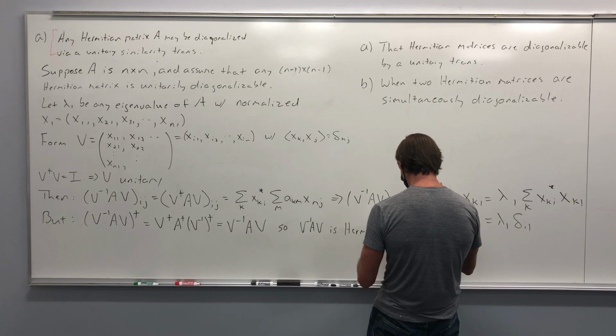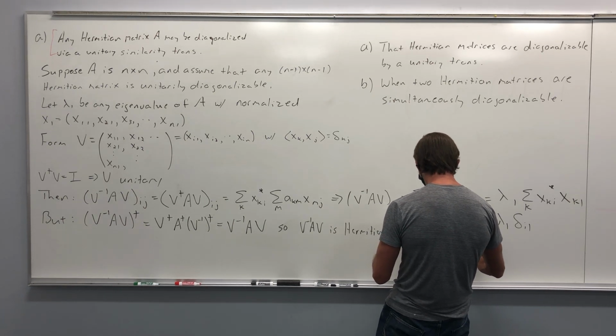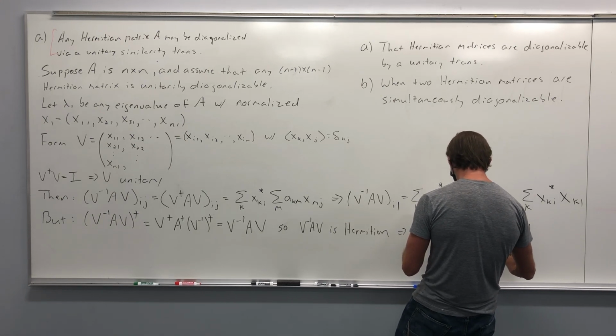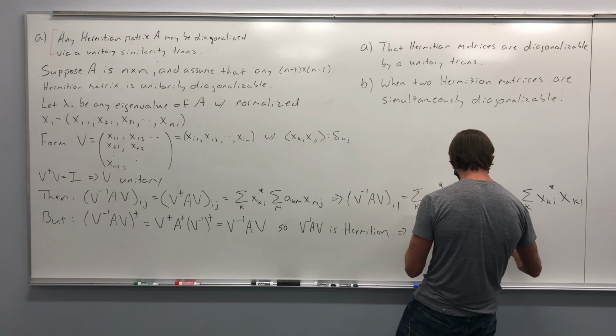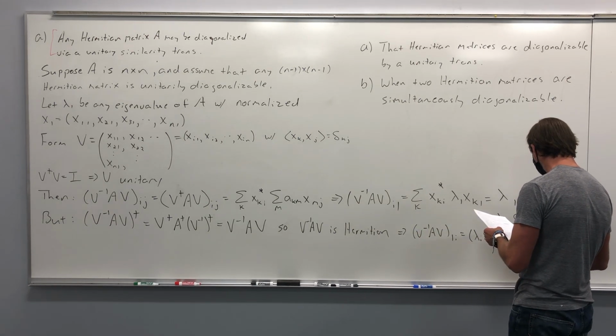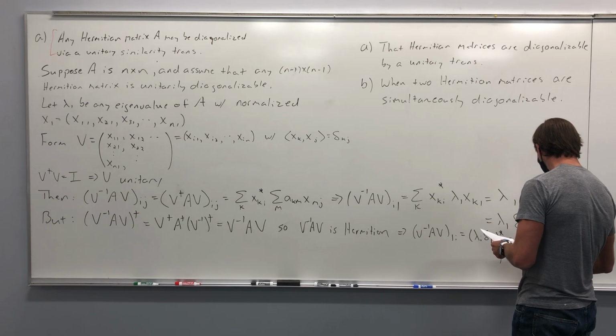Then V inverse A V, 1i, is equal to lambda 1 delta 1i star, which is just lambda 1 delta 1i.